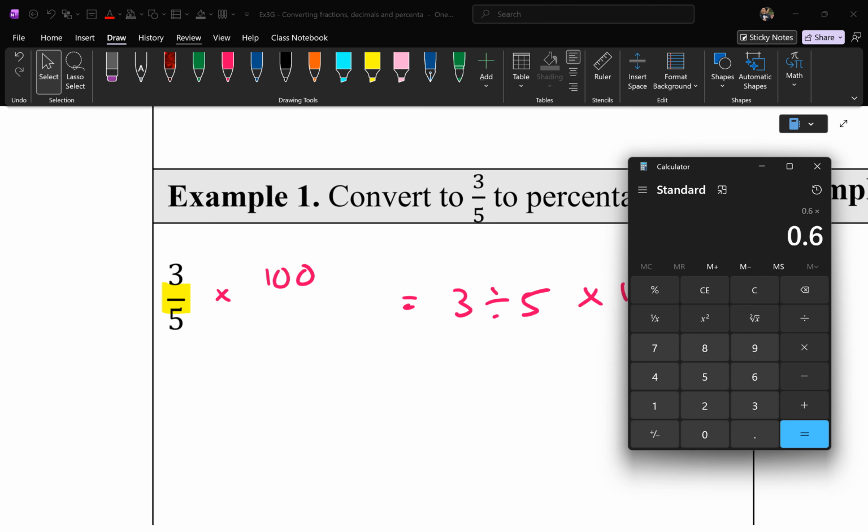Times by 100. And that means if you got 3 shots in out of 5, you've got 60% of them in. 40% you missed, 60% you got in. That's all it means. This is out of 100. So out of 100, 60 was there, and then the other 40 was not.